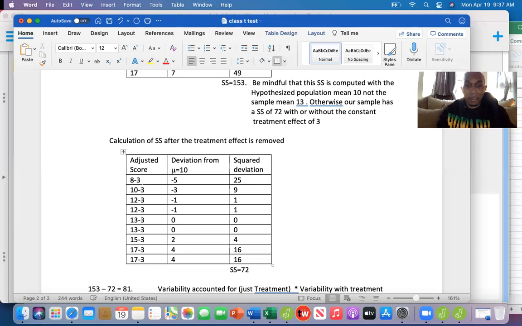Just to be clear, you can see 8 minus 3 is 5. 5 minus 10 is negative 5. 10 minus 3 is going to be 7. 7 minus 10 would be negative 3. 12 minus 3 is going to equal 9. 9 minus 10 would be negative 1. All right, and so on and so forth, moving down. Maybe I should just fill this out so there's no confusion.